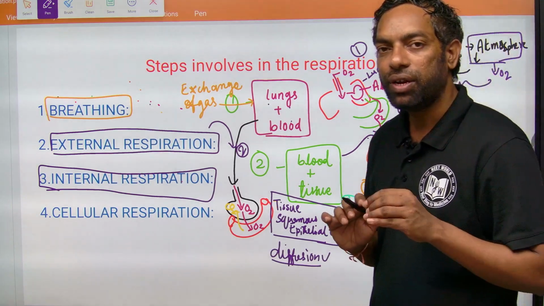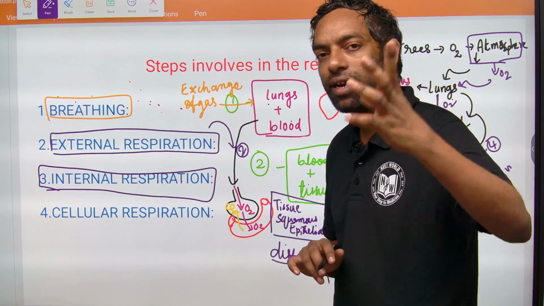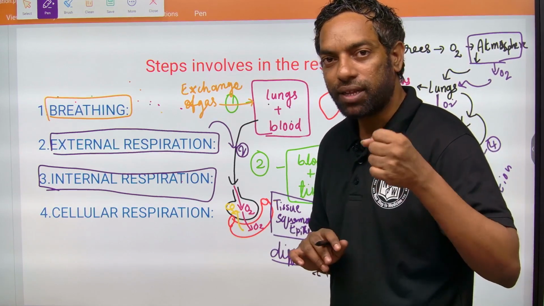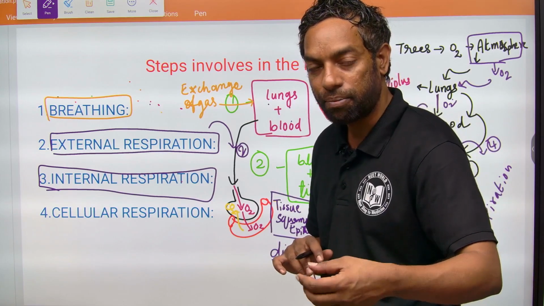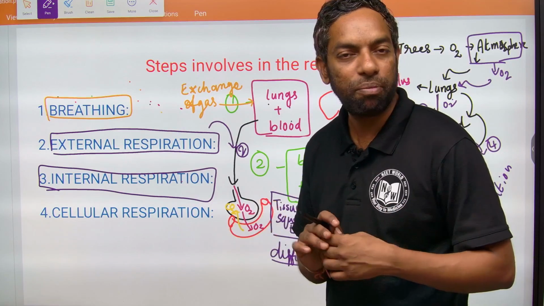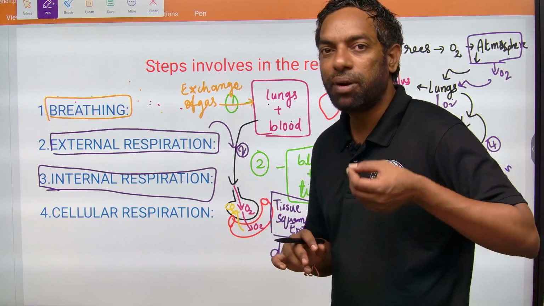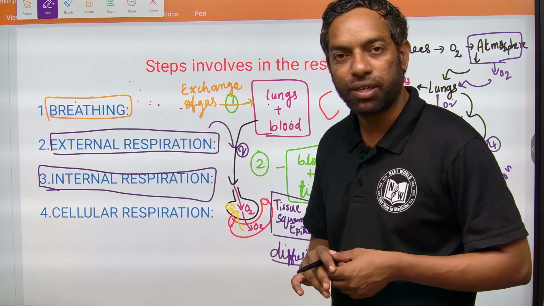Breathing is where you inhale the oxygen and exhale the carbon dioxide. Once the oxygen reaches the lungs, it finally enters the blood. The blood can carry the oxygen to different parts of the body. So between the blood and lungs there is an exchange of gases called external respiration.